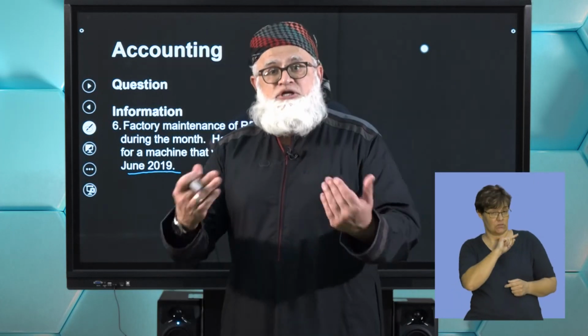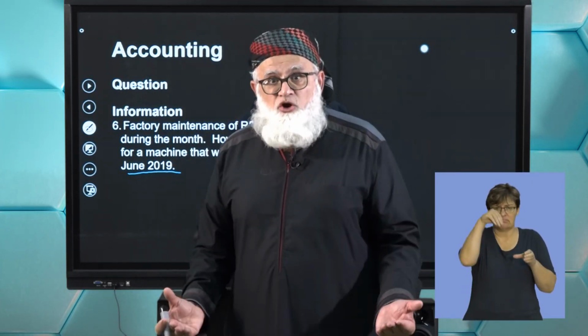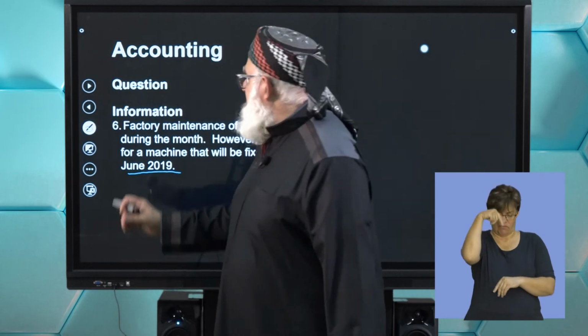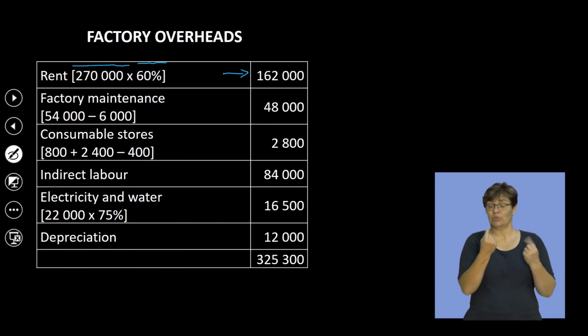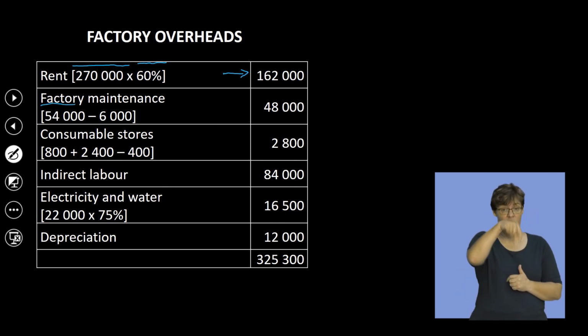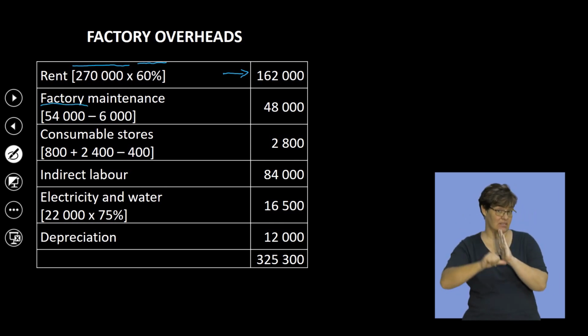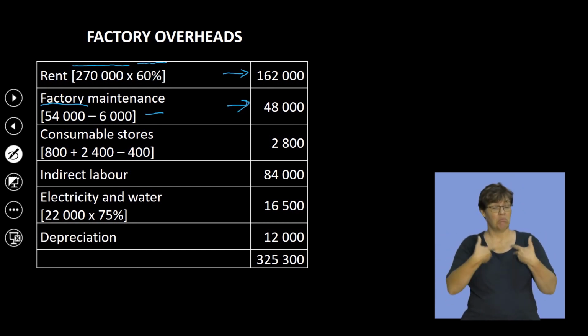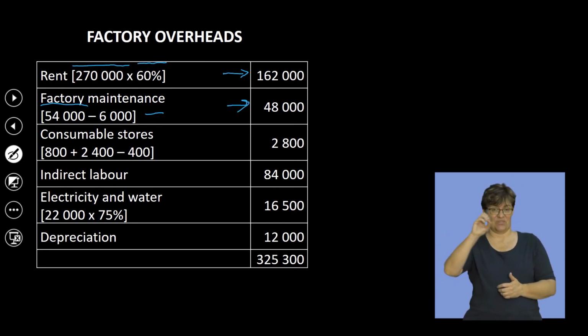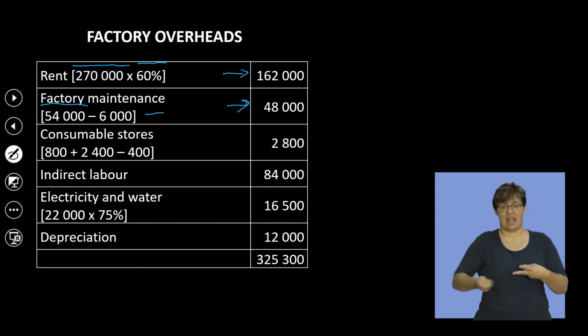Therefore, it cannot be part of my factory overheads for this financial year. So, what do I do with it? Watch what I do here. We go to the 54,000, which is my factory maintenance, minus the 6,000 rand will give you a figure of 48,000 rand. I'm only interested in this year's incomes and expenses as it relates to the factory.